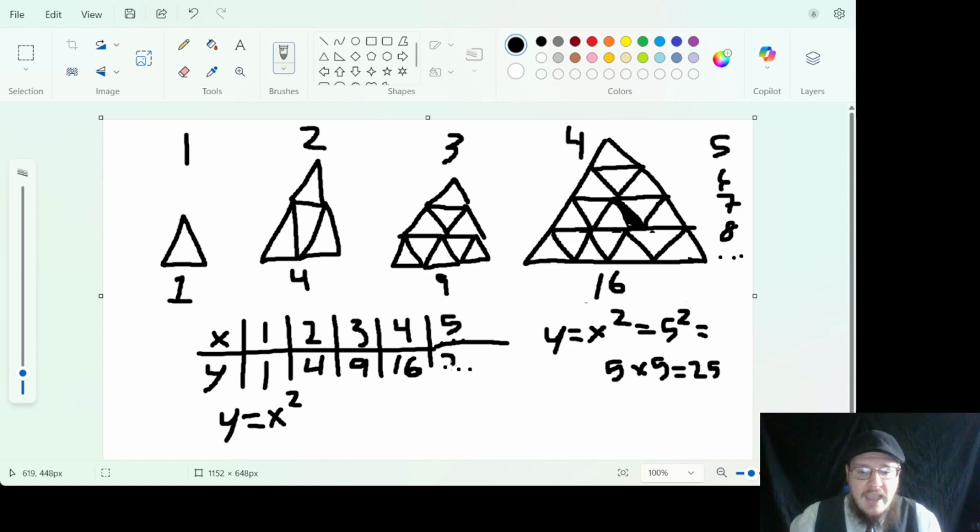So our y equals 25. We would then have a gigantic triangle comprised of 25 smaller triangles. And then we can keep doing that forever and ever with each of our next subsequent terms in our pattern here.